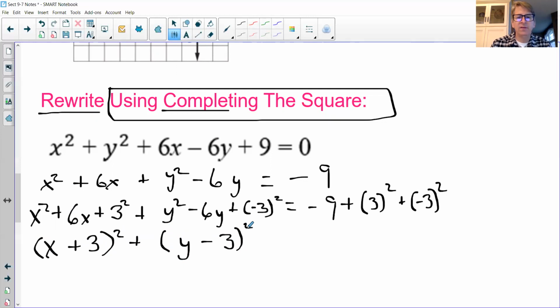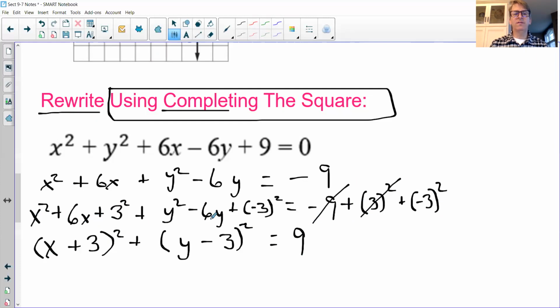Again, this minus 3 comes down and this positive 3 comes down. So these are special trinomials factored out. x squared plus 6x plus 3 squared is x plus 3 squared. You want to think of your FOIL, or your special products. And that's going to equal negative 9 plus 3 squared, which is 9. So this cancels out, okay, and you end up with negative 3 squared, which is a positive 9.